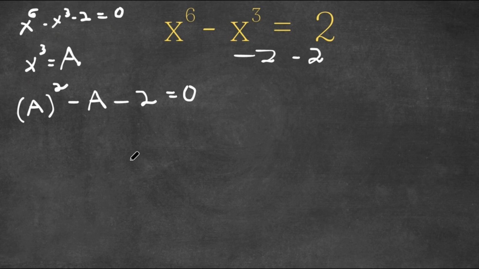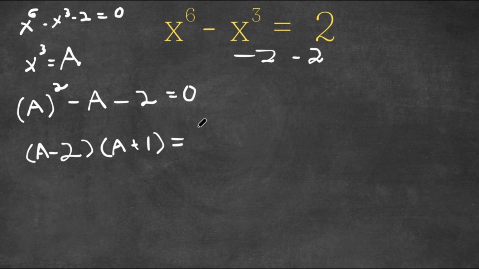So now if we factor this, we get a minus 2 times a plus 1 is equal to 0.